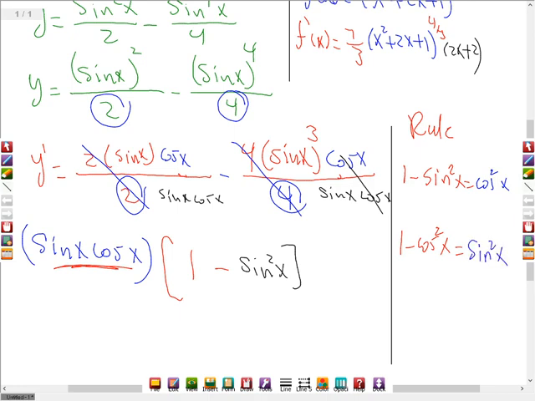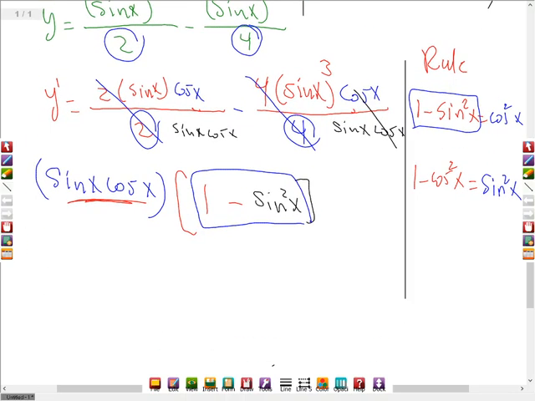Now this term here equals this term here, which is cosine squared. Then we have sine x cosine x times cosine squared x, which is sine x cosine cube x, which is also true.